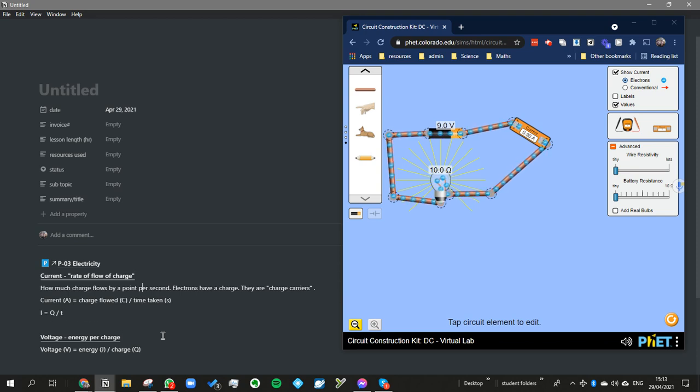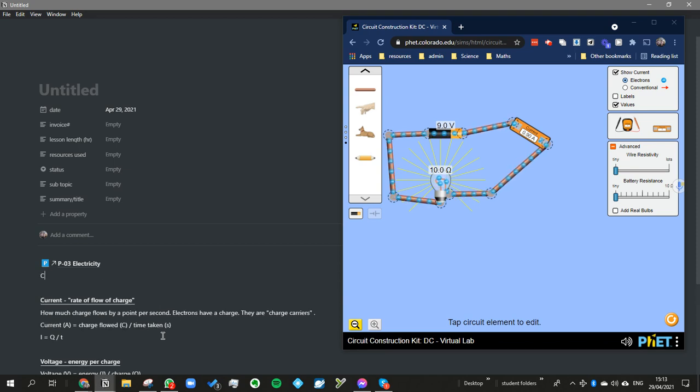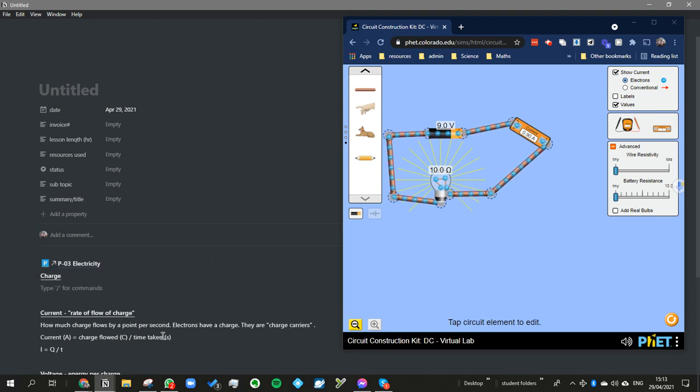I'm going to put another heading before that: charge. So what is charge then? I keep talking about charge. Well, the most important thing to understand about charge is that scientists don't really know what it is.